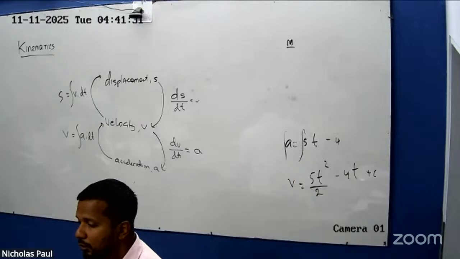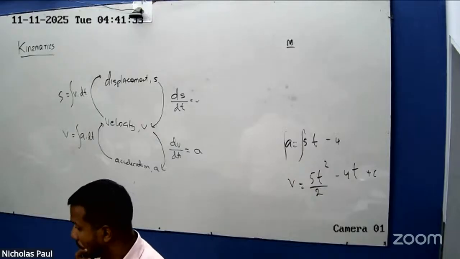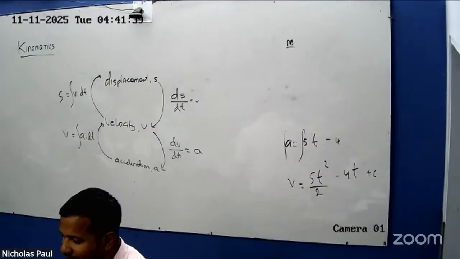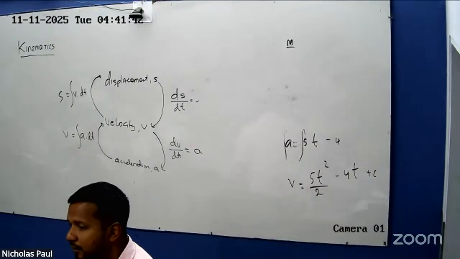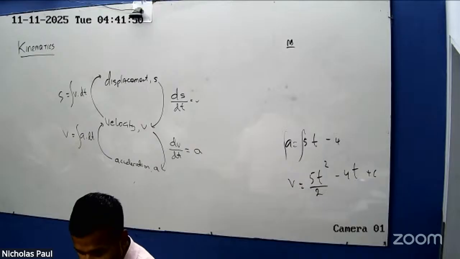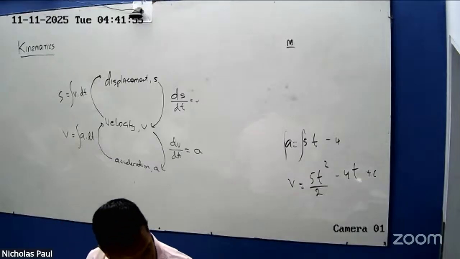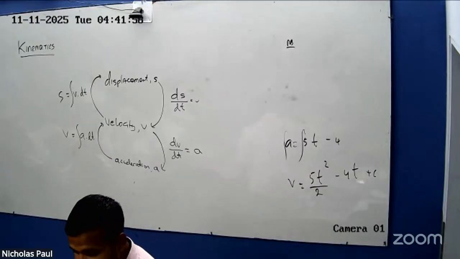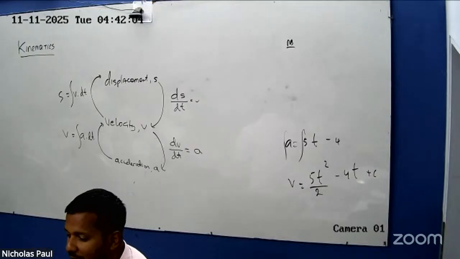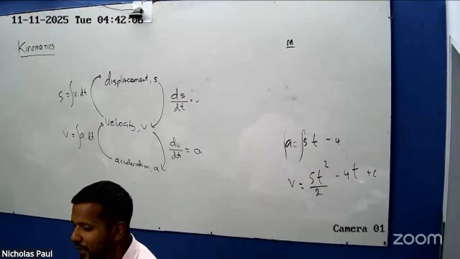Number 2, the second thing to note: velocity. Velocity is the rate of change of displacement. Note number 3: acceleration is the rate of change of velocity.